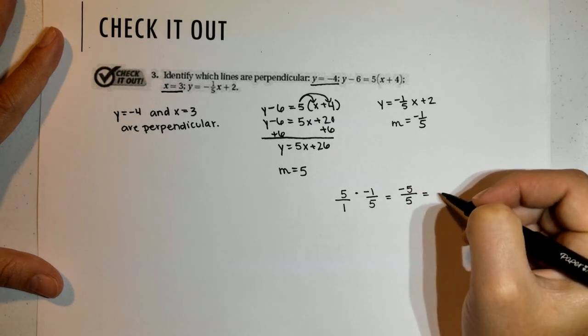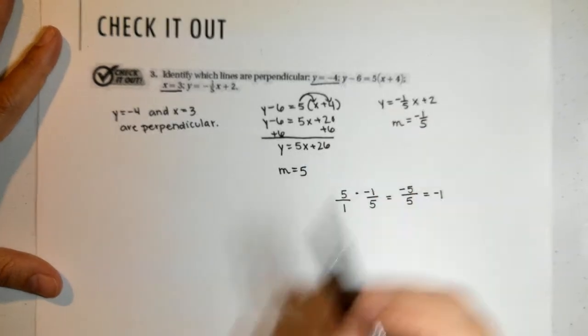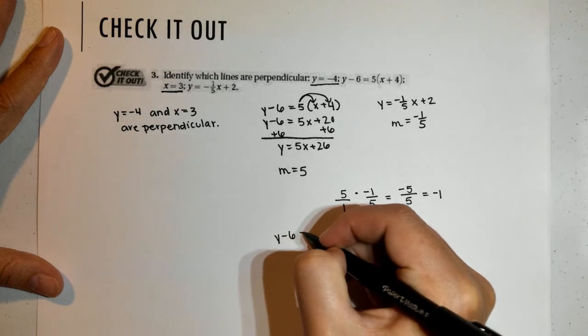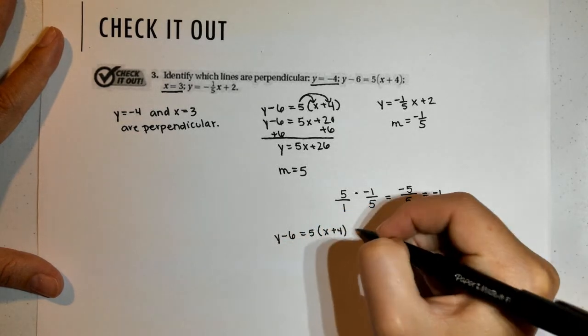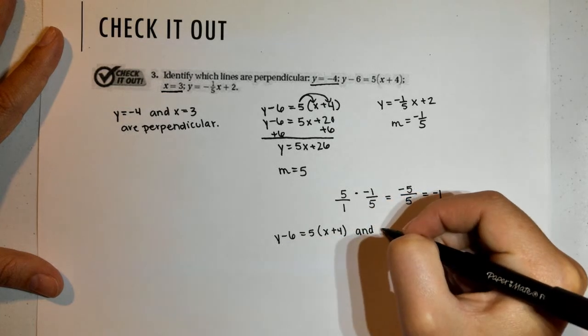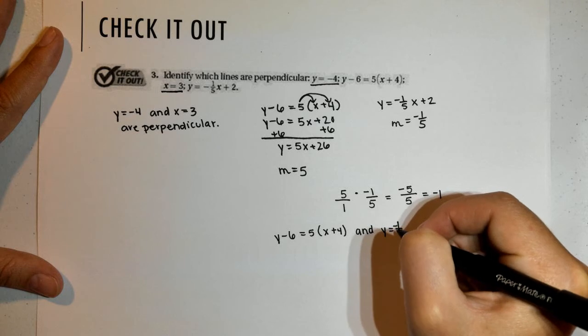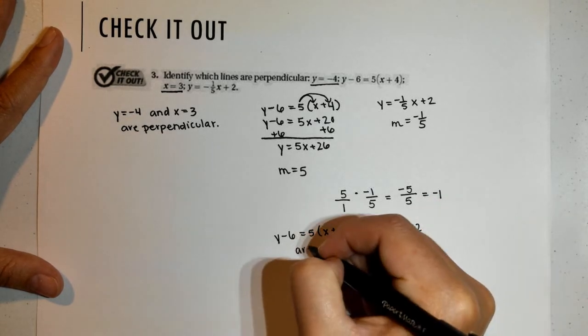And negative 5 divided by positive 5 gives you negative 1. So that means those two equations are indeed perpendicular. So y minus 6 equals 5 times the quantity x plus 4 and y equals negative 1/5 x plus 2 are perpendicular.